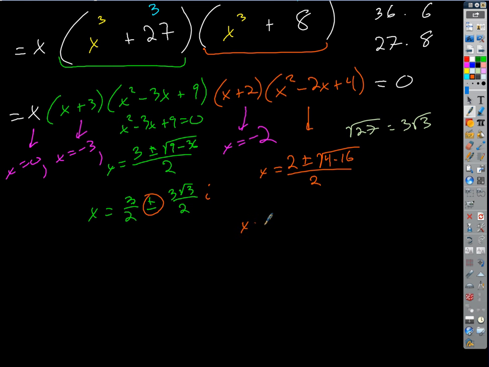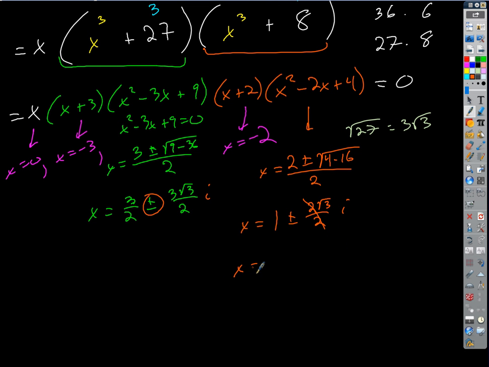So that's going to give me x equals 2 over 2 is 1 plus or minus, what's the square root of -12? -2 radical 3 over 2. Well, those cancel, right?